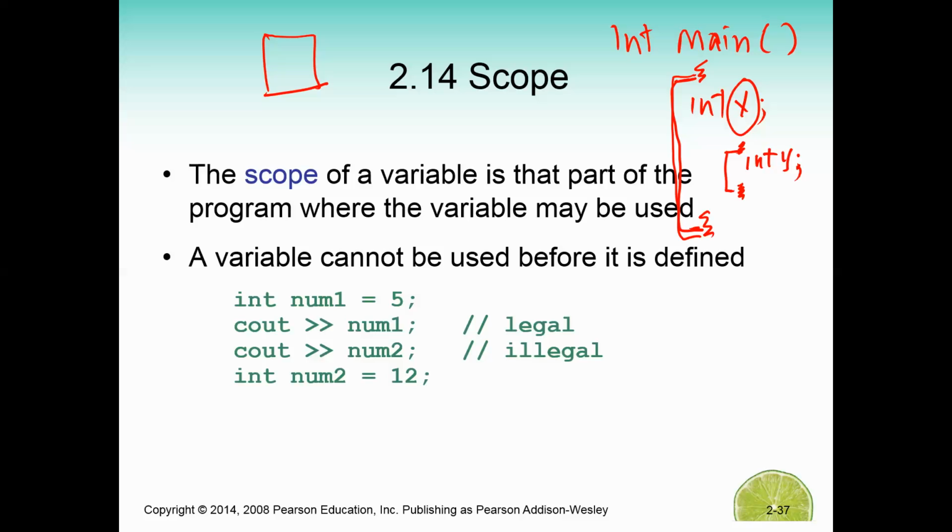Another thing that we need to keep in mind is that the variable cannot be used before it's defined. Remember, we already talked about this. So it's just a little note so that we remember. In this example, they have int num1 is assigned the value of 5. So they are creating a box in main memory that is pointing right here.